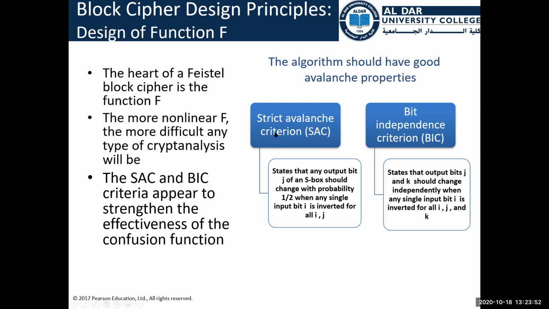The strict avalanche criterion means, as we said, each bit has a probability of half to be changed. For example, if I encrypt a specific text, each bit has the same probability of changing, which is 0.5.